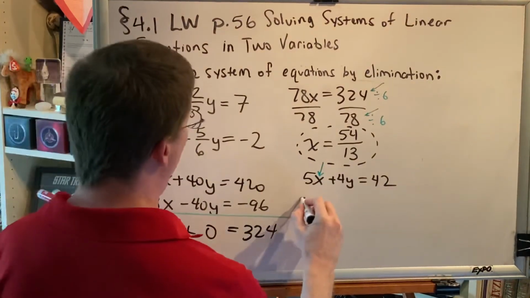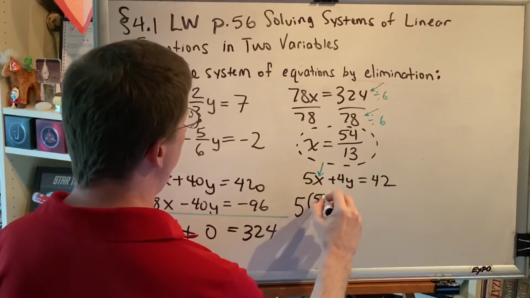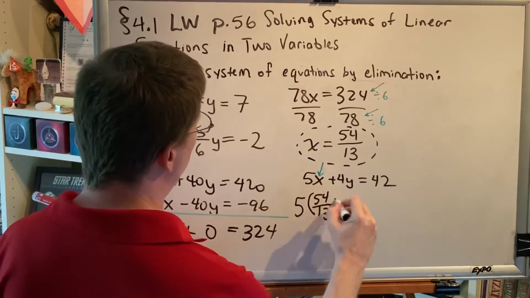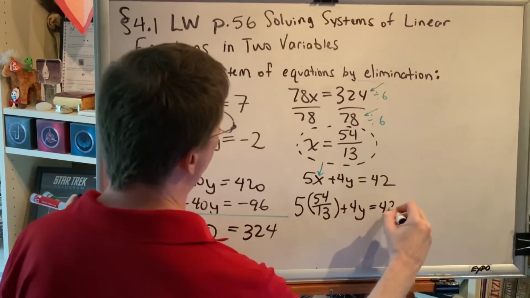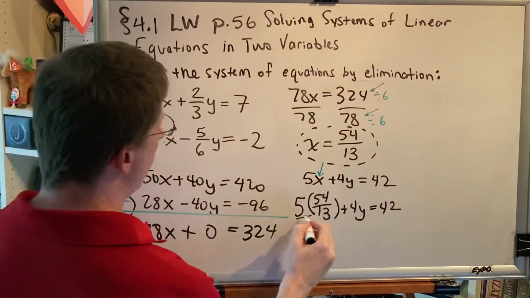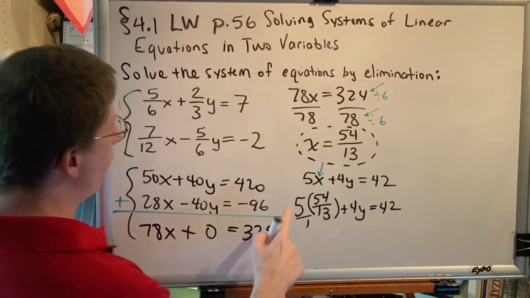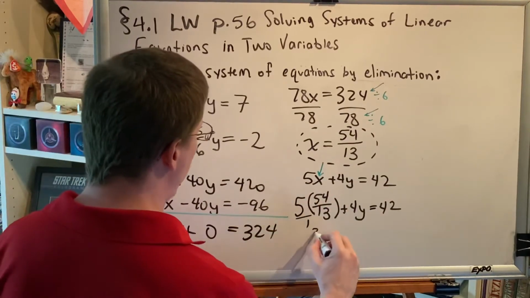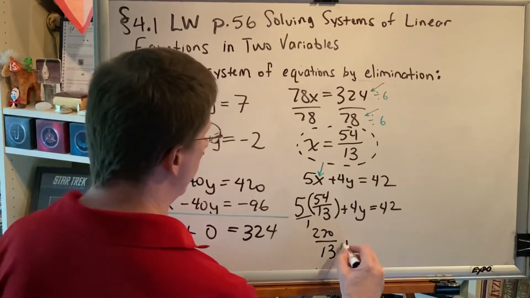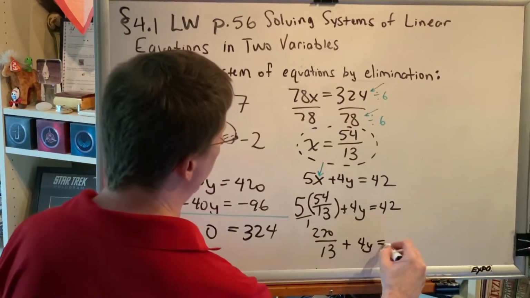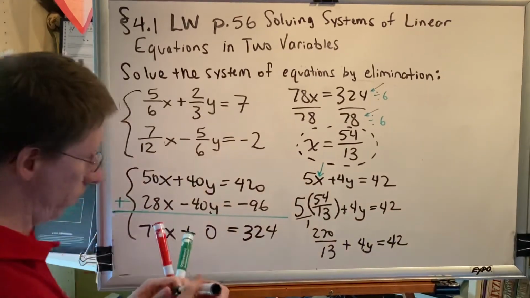So we get 5 times 54/13 plus 4y equals 42. 5 is the same as 5 over 1, and 5 times 54 is 270. So 270/13 plus 4y equals 42.